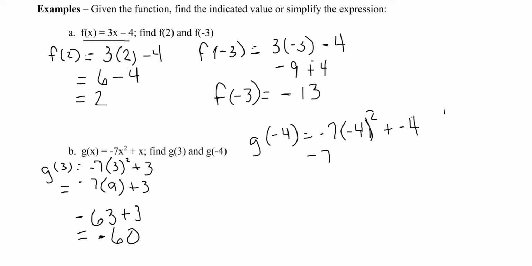So we have negative 7 times 16, because two negatives make a positive, plus negative 4. Negative 7 times 16 is negative 112, plus negative 4. So that's going to give us, for our answer, negative 116. And that's all we do there.